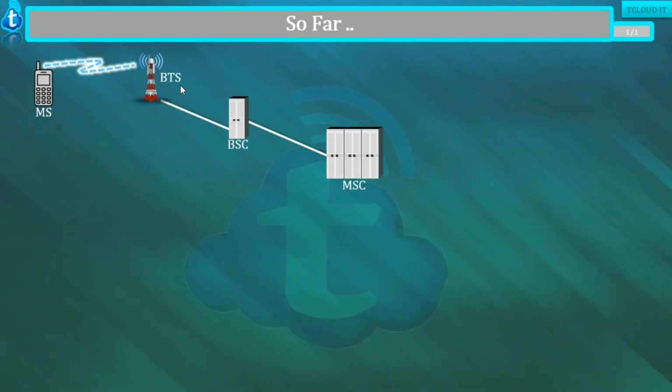Whatever information the mobile would like to send to MSC, it sends to a tower named BTS, and then that information goes to another central component called BSC. What this BSC does is take care of radio resource allocation for all the mobiles present under all the BTSs.